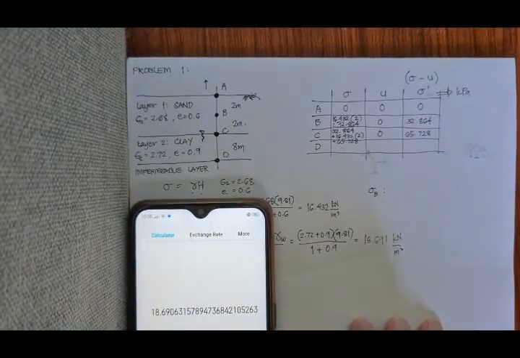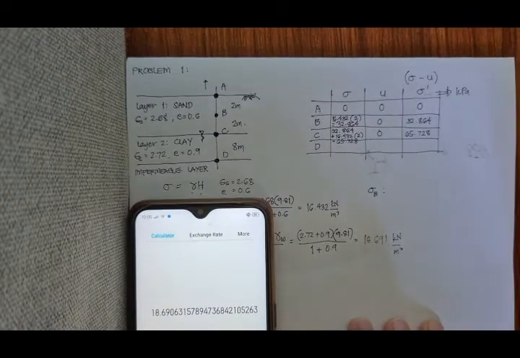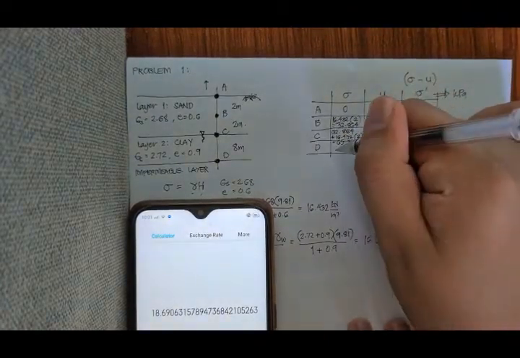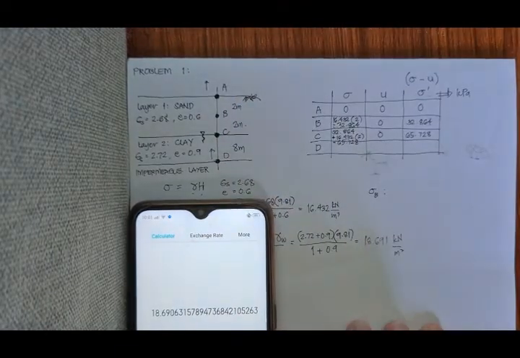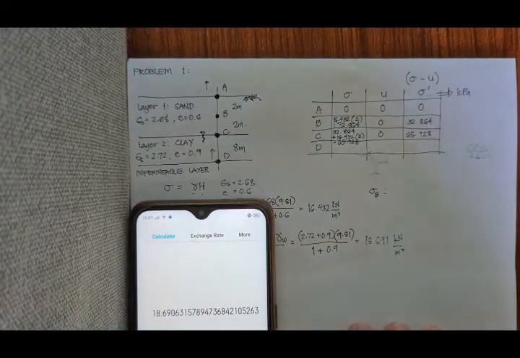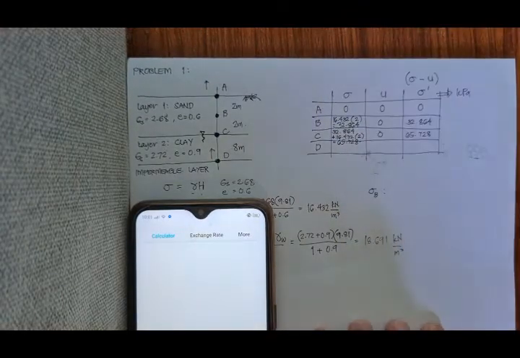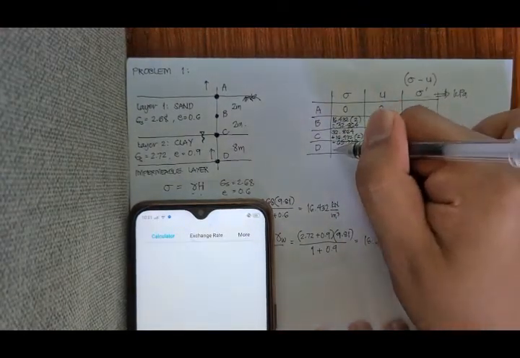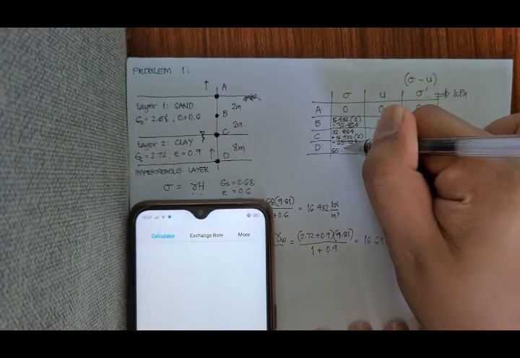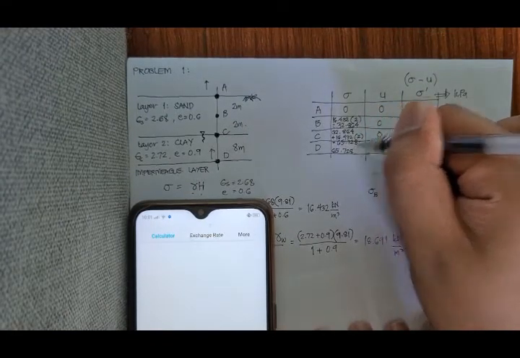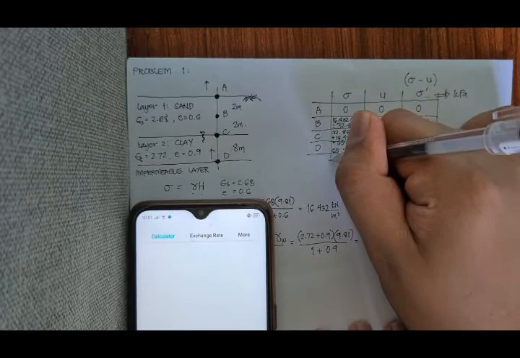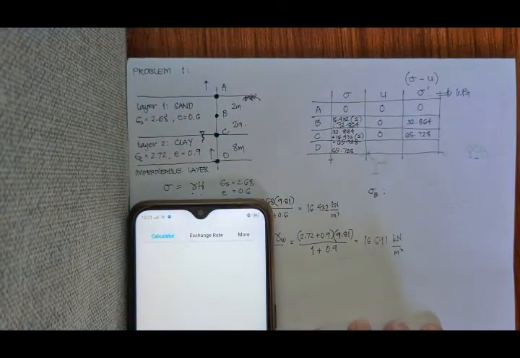So, kung meron tayo 18.691, we can say that the total stress is equal to, okay, so anything above point D must be considered. Therefore, if anything above point D should be considered, we must consider the effect at point C, which is equal to 65.728 plus. So, above point D, meron tayo 8 meters sa clay layer.